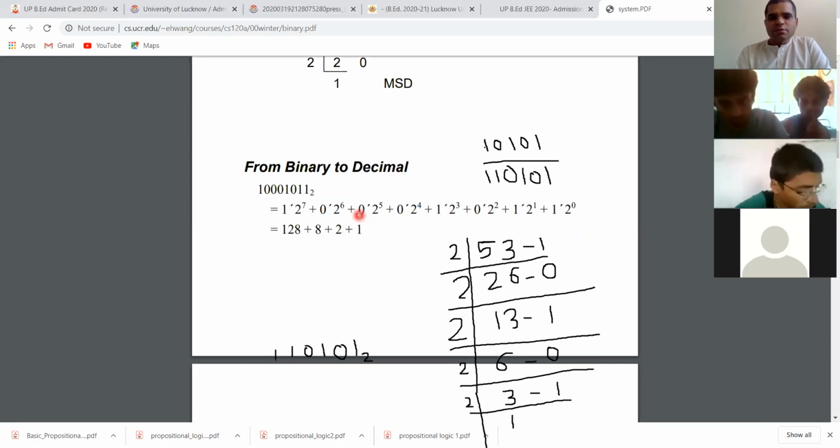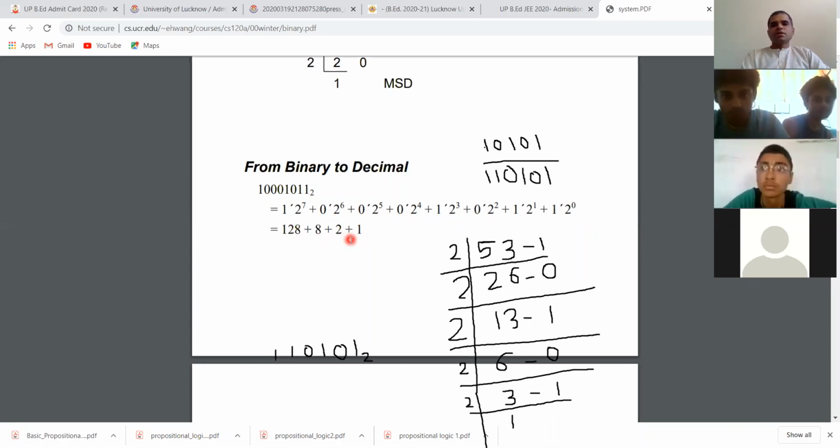Then these three terms are multiplied by 0. Then comes 2 to the power 7, which is 128. So 128 plus 8 you get 136, plus 3, 139. So this number is 139.